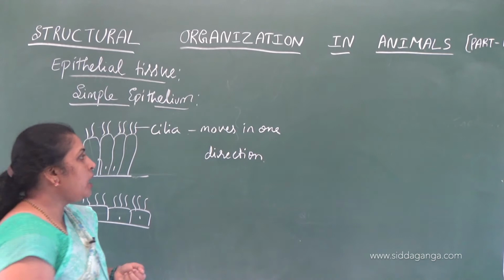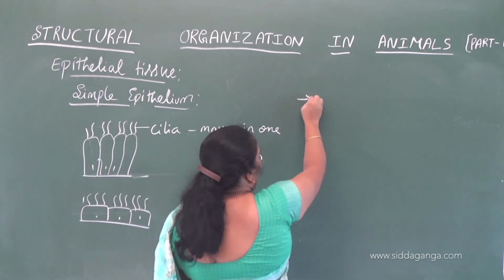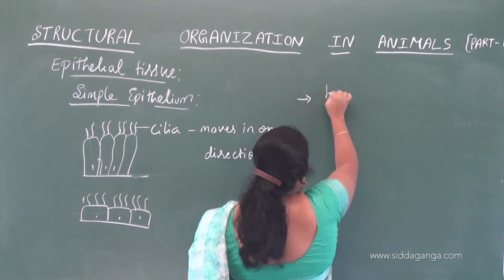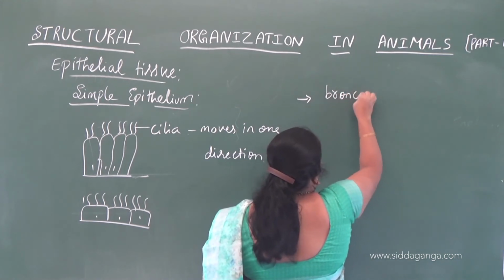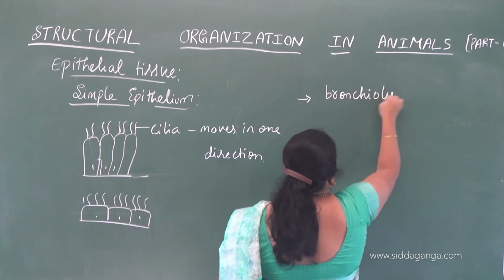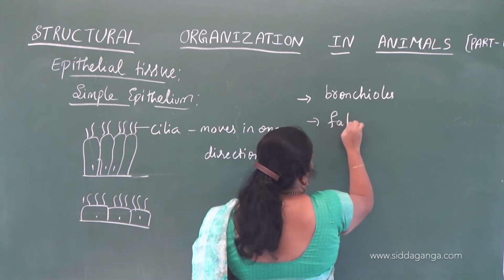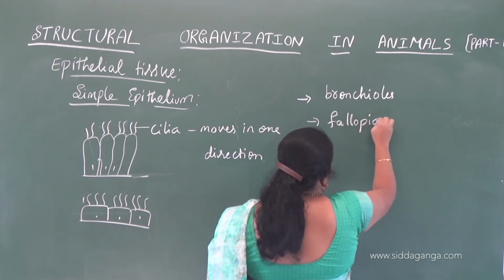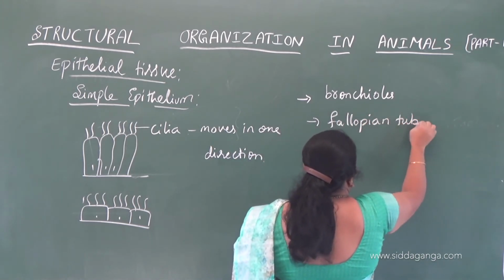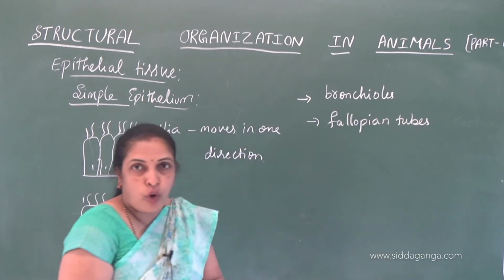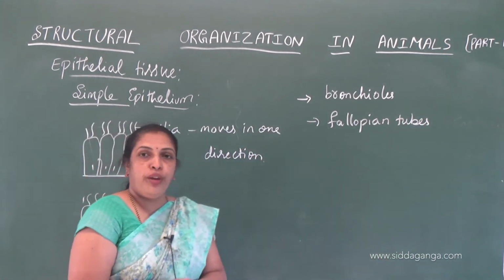And this ciliated epithelium is seen in hollow tubules like bronchioles and in the fallopian tube. Ciliated epithelium is seen in bronchioles and in fallopian tubes.